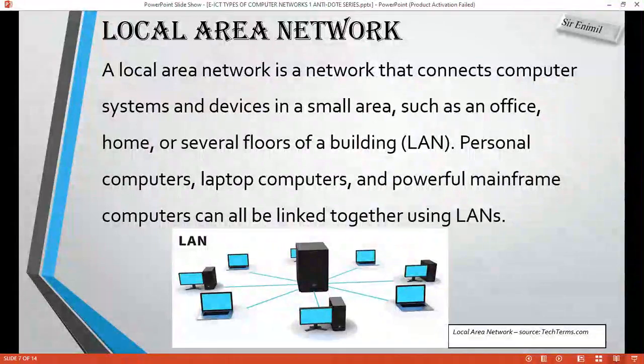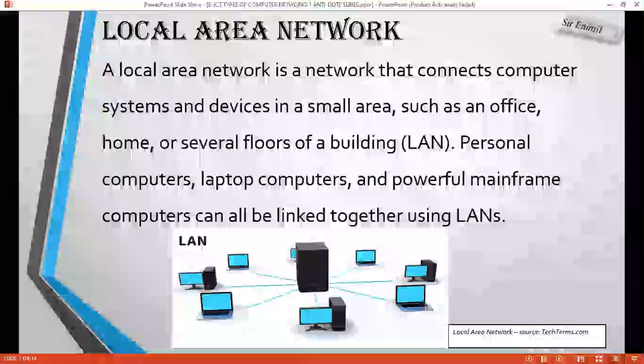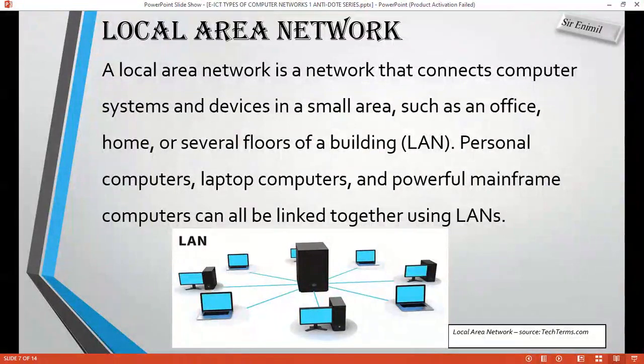So now, a local area network also helps to share software. If there is customized software that a company asked a software developer to develop for them, to avoid installing the software on every machine in the office, assuming there are 300 computers in that organization, it means that the software has to be installed on all of these computers. That in itself alone is a lot of work.